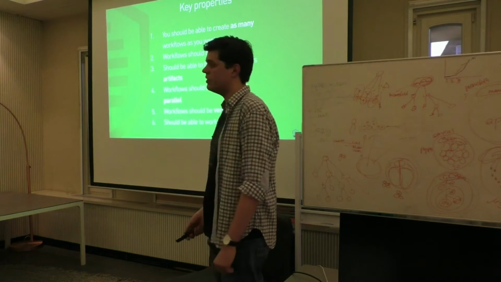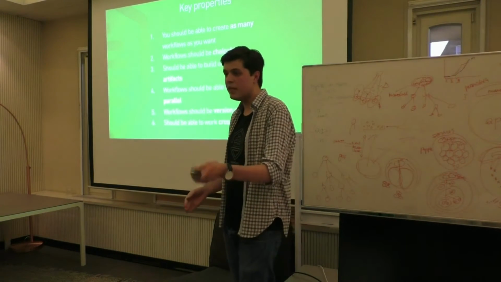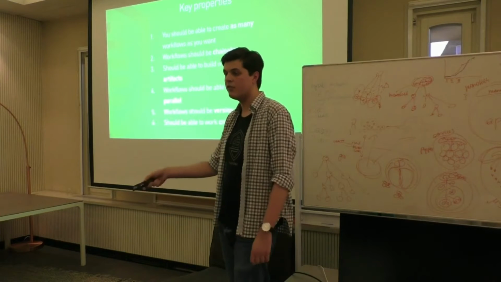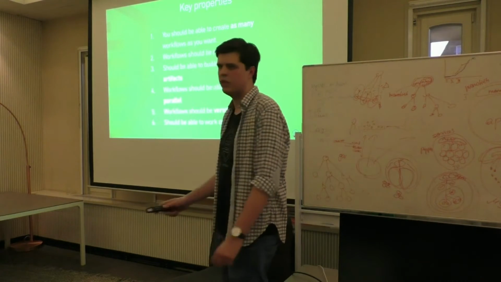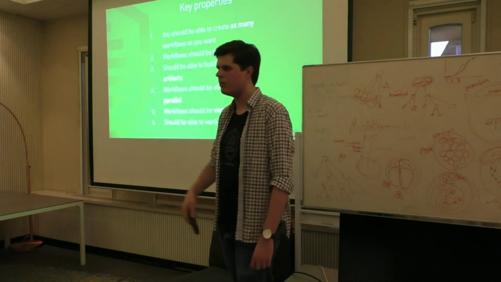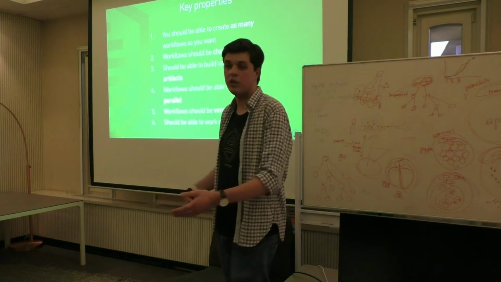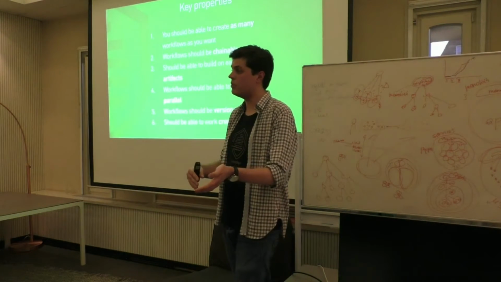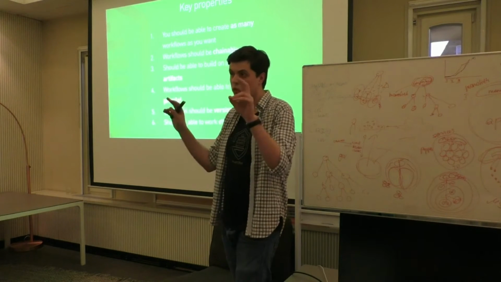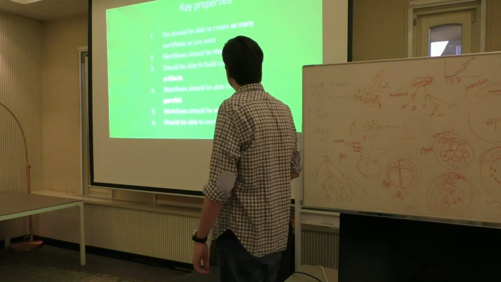Workflows should be chainable. This is interesting. Your build base image should be able to trigger build dev, and your build dev should be able to trigger deploy dev or push dev. Kind of in the spirit of your build pipelines triggering a deploy pipeline, right, in the old world.